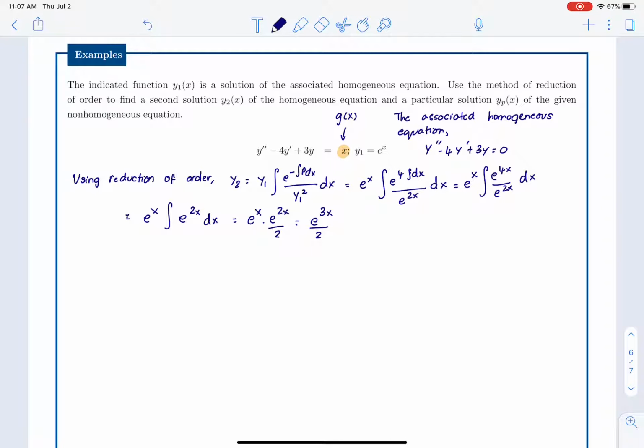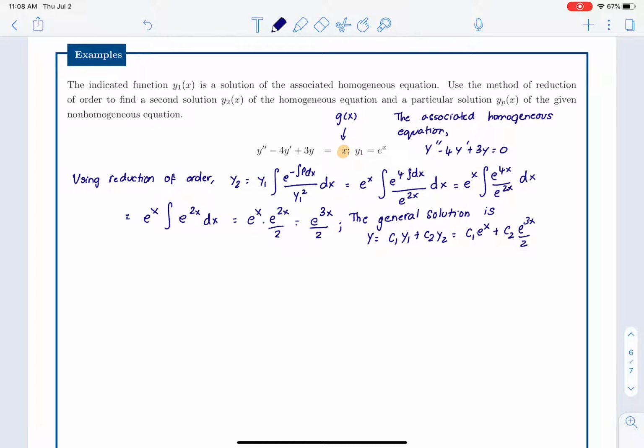So the general solution y equals c1 y1 plus c2 y2, c1 e raised x plus c2 e raised 3x divided by 2.